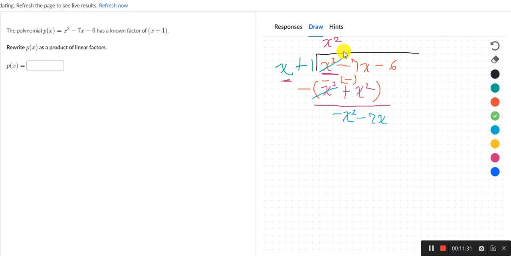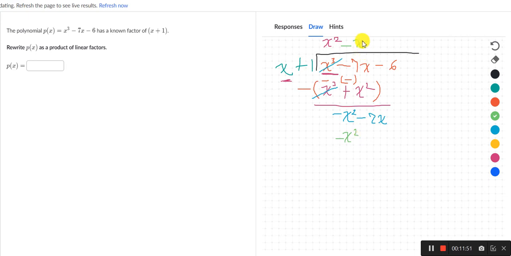What term is that? Well, remember we need to flip the signs, so they need to have opposite signs. That term is negative x, because negative x times positive x is going to be negative x squared.